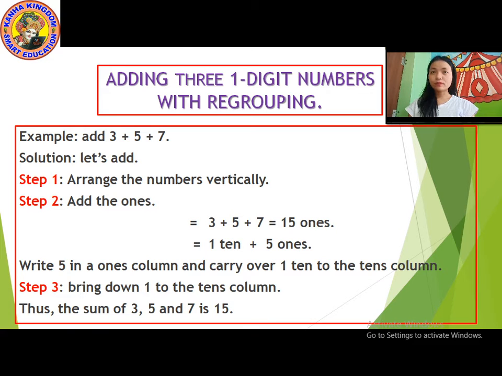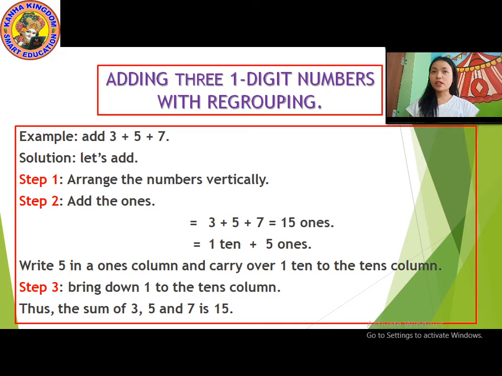So see, while adding 3 and 5 we get 8, right? 3 plus 5, that means while adding 3 with 5 we will get 8. See, 1, 2, 3, 4, 5, 6, 7, 8.